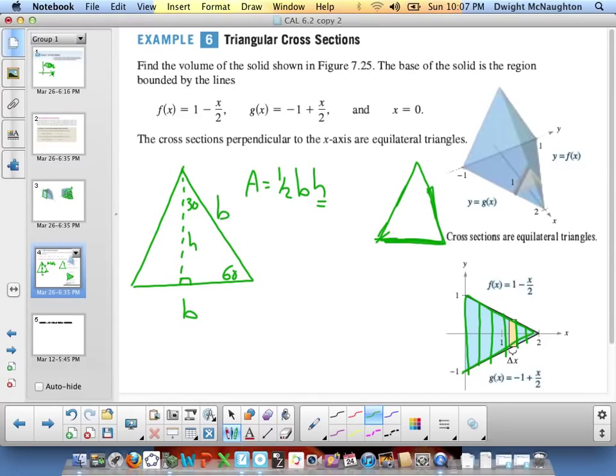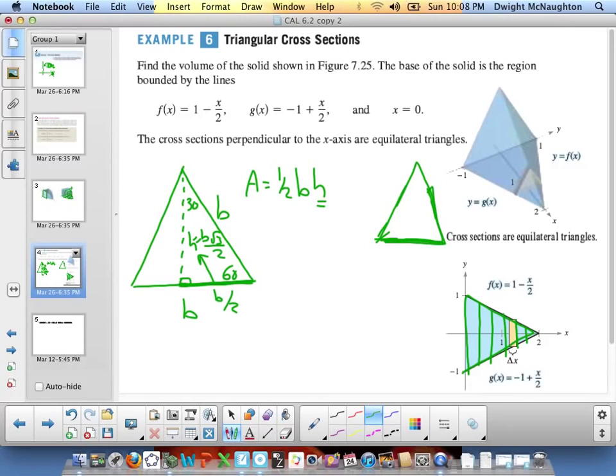Where this ends up is also a representation for our base. To get the short leg, you divide the hypotenuse by 2. And to get the long leg, the magic number is the square root of 3: you take the short leg times the square root of 3. The short leg is base over 2, so base square root of 3 over 2 is our height.